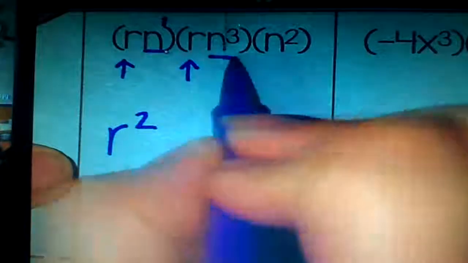I have 2 R's. How many N's do I have then? 3, 5, no, 6. Remember, this is n to the 1st. So I have 1 n, 3 n's, 2 n's, so n to the 6th.